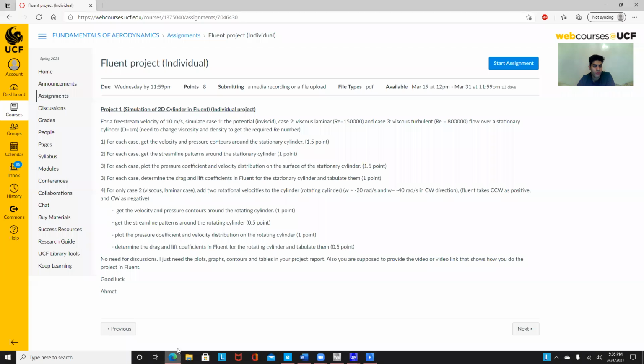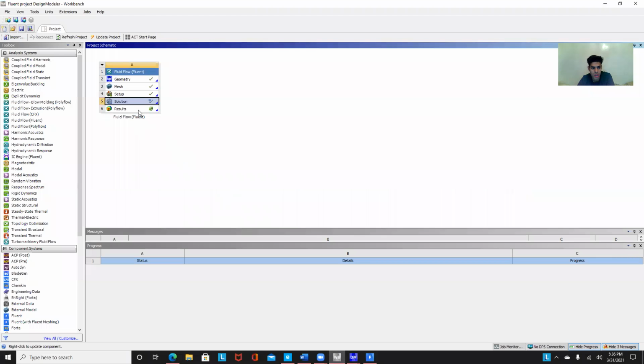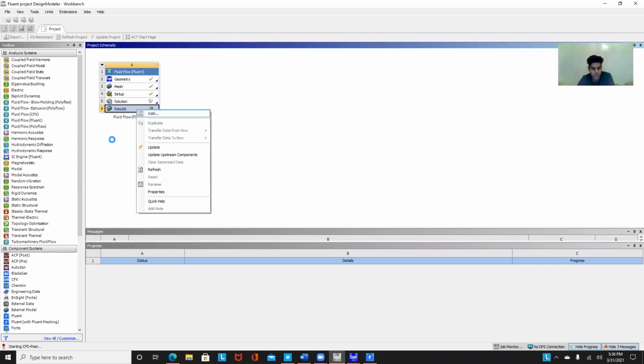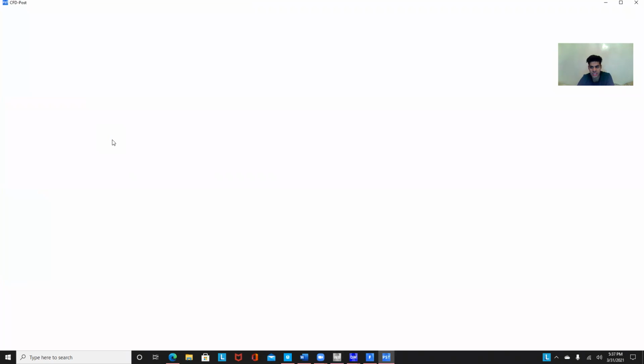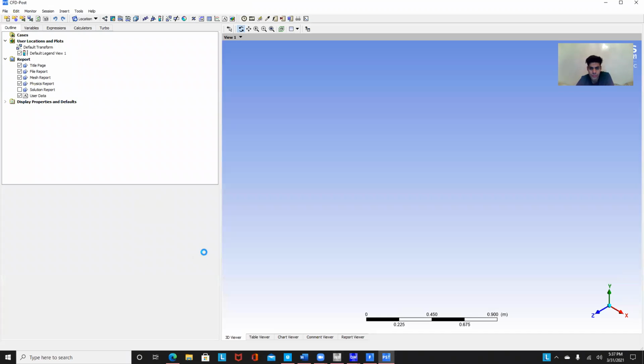What else we have for the last part? Oh yeah, I didn't show the streamlines. So for the streamlines, we gotta go to results. And then it's gonna show us our CFD post, right?